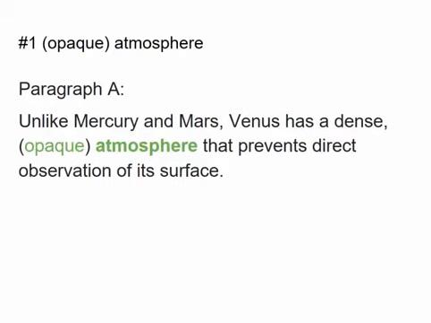That's what inhibits or prevents observation of Venus, and that's something we see labeled surrounding the planet on the diagrams there. Okay, so number 1, the best answer there is opaque atmosphere or just atmosphere.